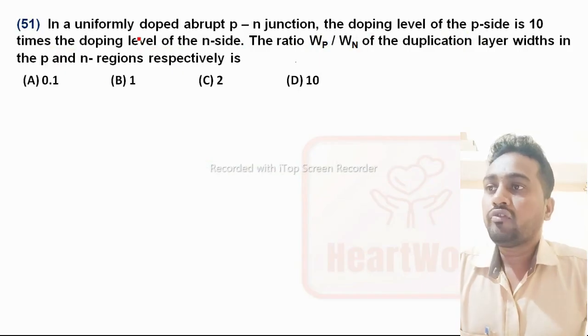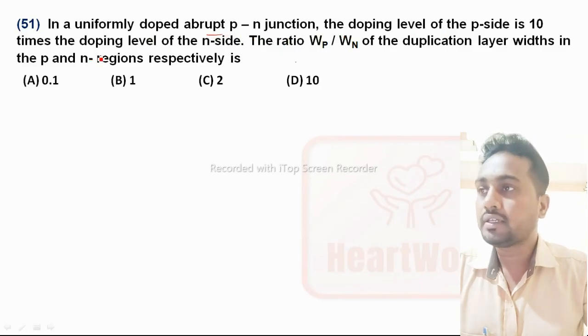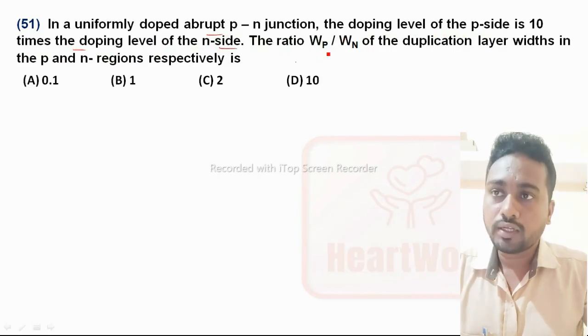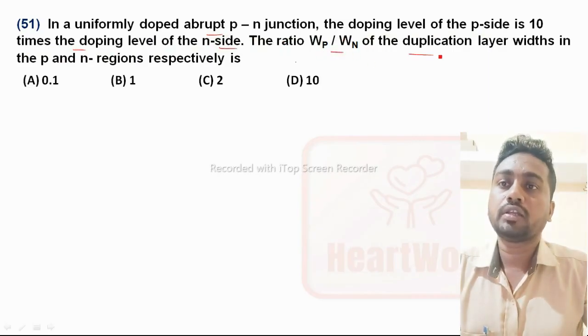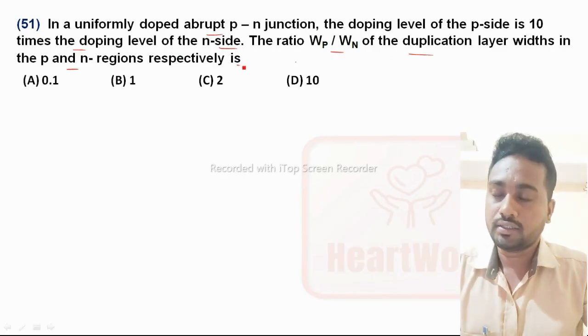Now, in a uniformly doped abrupt p-n junction, the doping level of the p side is 10 times the doping level of the n side. The ratio Wp by Wn of the depletion layer widths in the p and n regions respectively is?